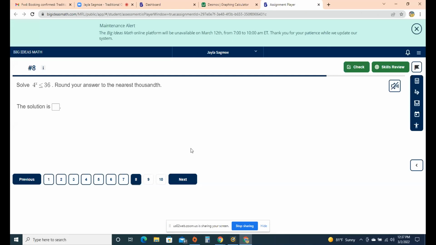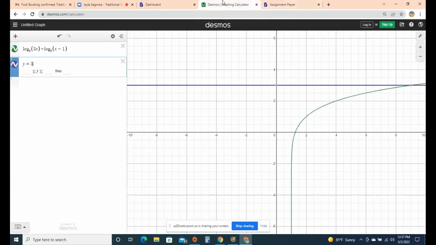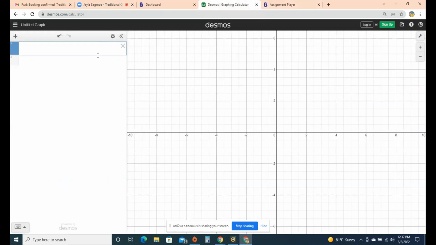All right. So this time, let me take a snip, but I want you to go to Desmos, and I want you to enter these in to the left and the right side. So I've got it down here. If you want to go open your Desmos, I'll talk you through it. So 4 to the power of x, 4 caret x, or exponent x.